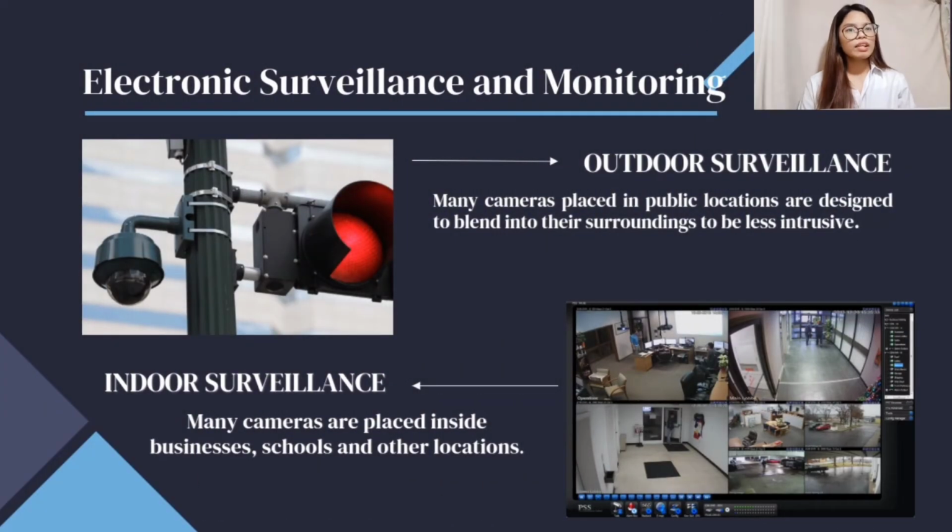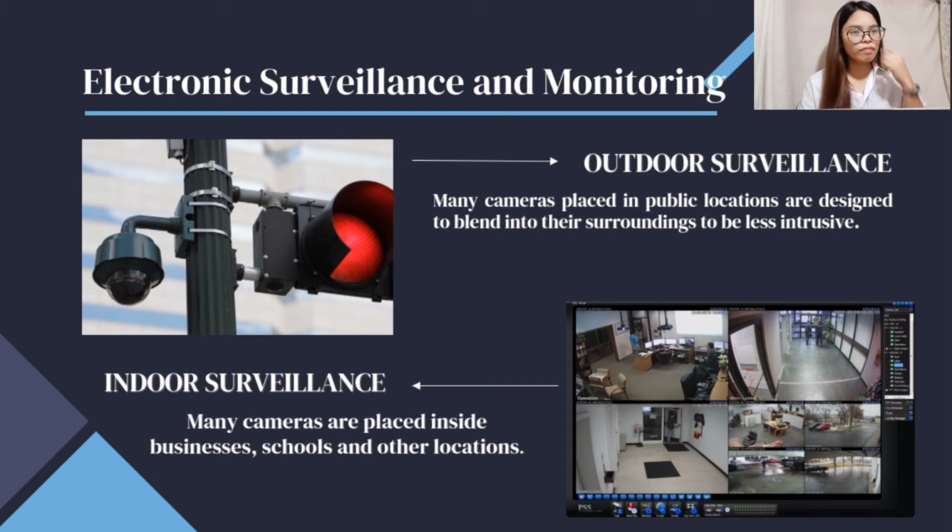Outdoor surveillance placed in public locations is designed to blend into its surroundings to be less intrusive. Outdoor CCTV is sometimes made like camouflage, like a light, just a design, to be more powerful and capture more.